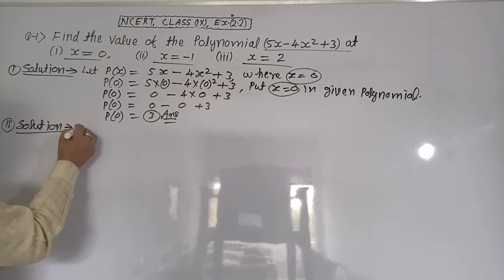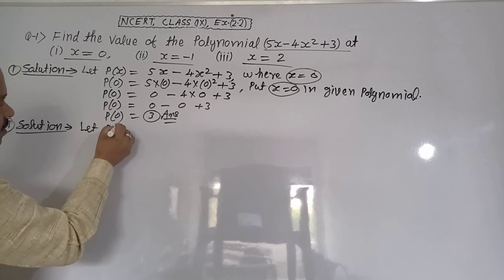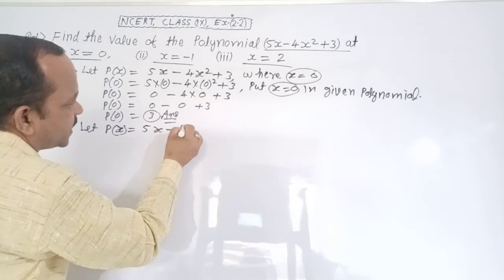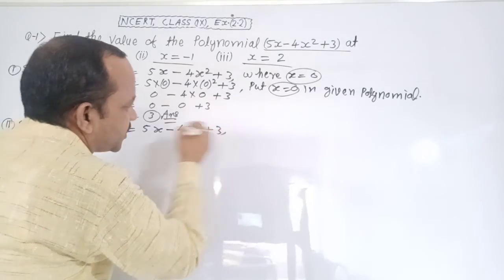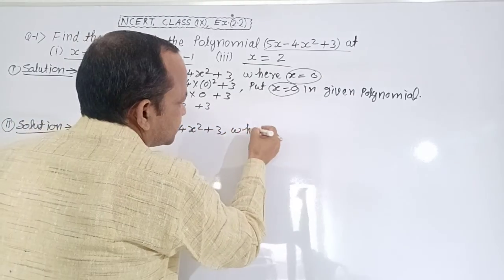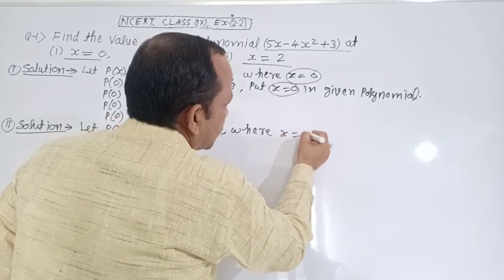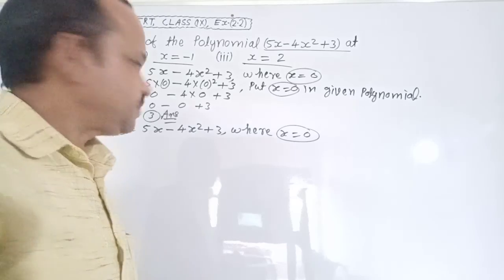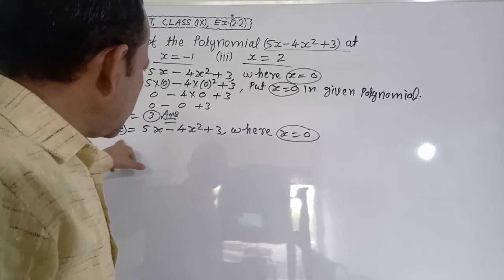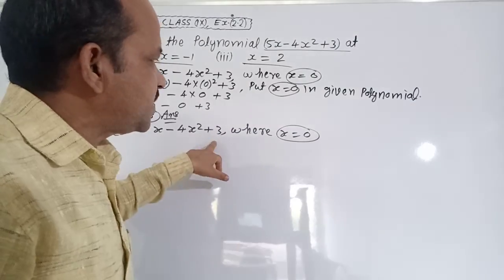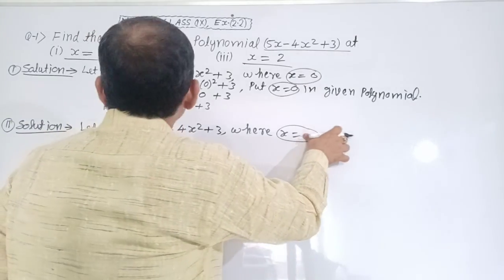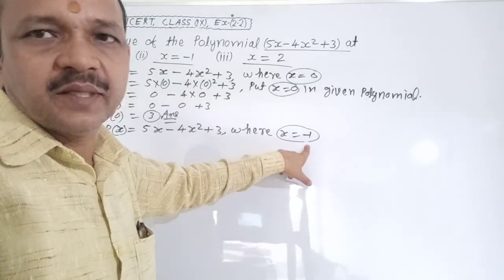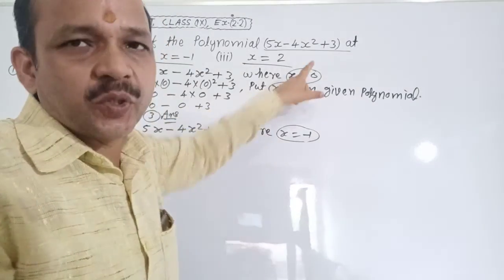Let P(x) equal to 5x minus 4x square plus 3, where x equals minus 1. In the second question, x equals minus 1. In the first question, x equals 0. Clear?